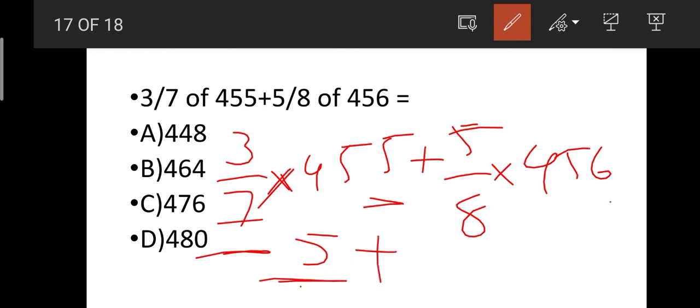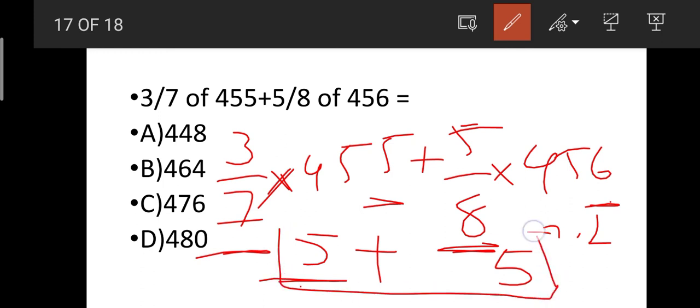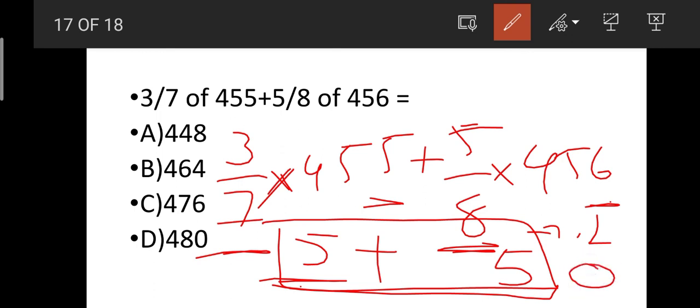For 8, if you want the resultant to end with 6, then it should be a multiple of 7 or else 2. Okay, we take both. If we take 7, the resultant should end with 7 5s are 35. So the resultant will also end with 5. Okay, if we add these resultants, then our answer should end with 0. Isn't that 5 plus 5, 10? So our resultant should end with 0.